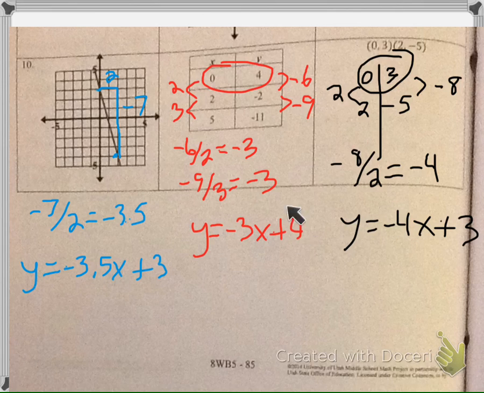So the one closest to 0, or the largest number, would be -3. So this one would have the largest rate of change. And as for the y-intercept, we have 3, 4, and 3. So this one would also have the largest y-intercept. Okay, that's it for today's homework.